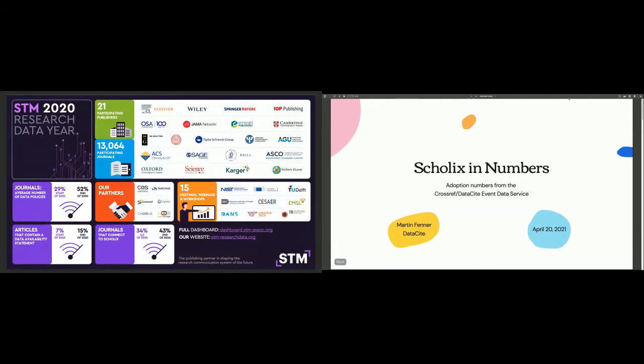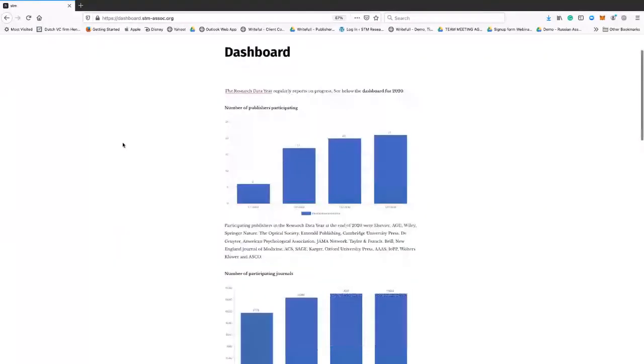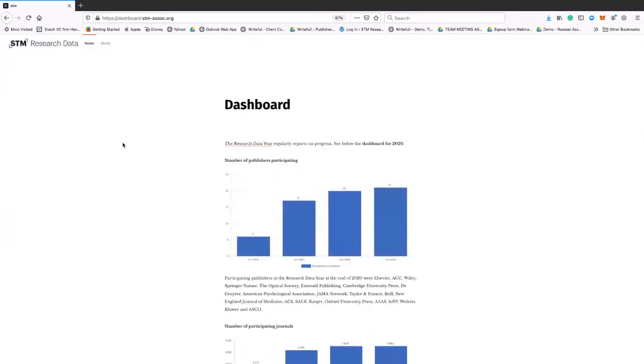So how did we do? Well, you can see a little graph here: journals that connect to Scholix. In light of transparency, but also in light of data, we created a dashboard basically showing people where we are in terms of our performance.